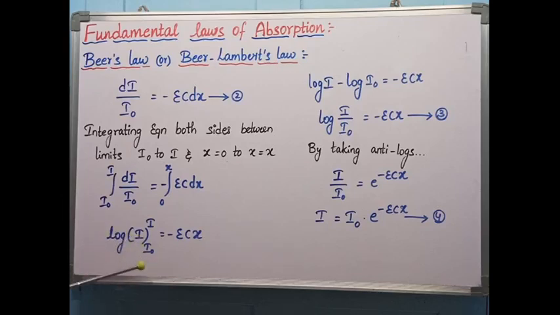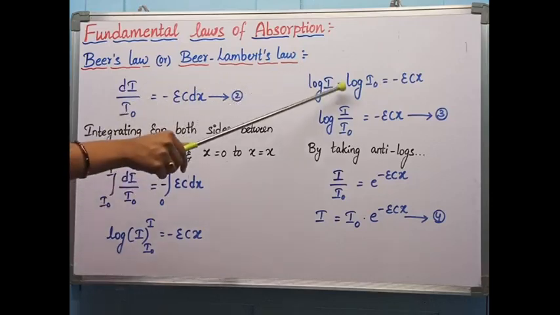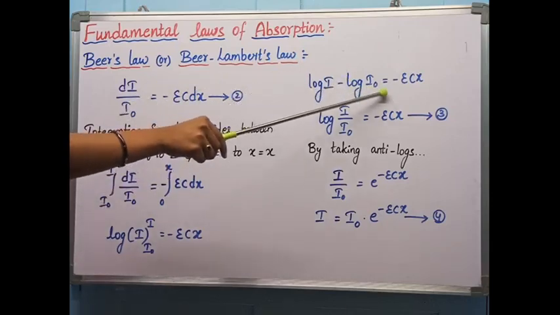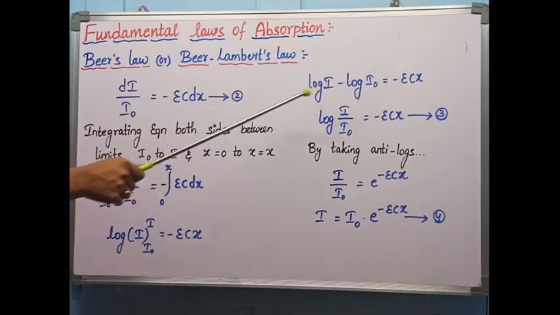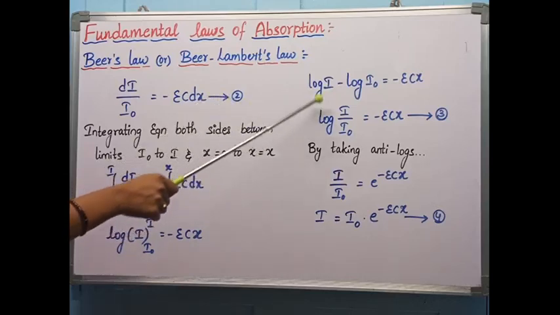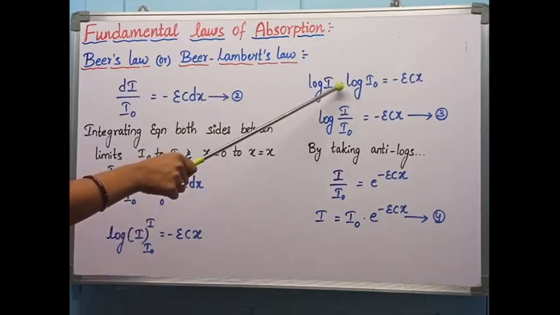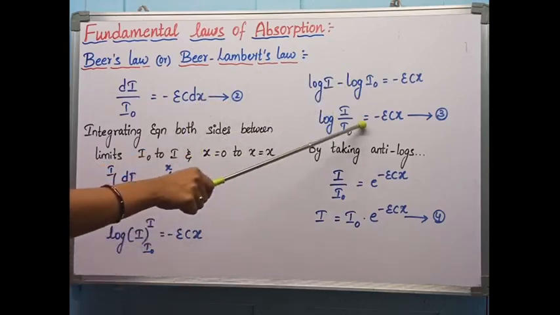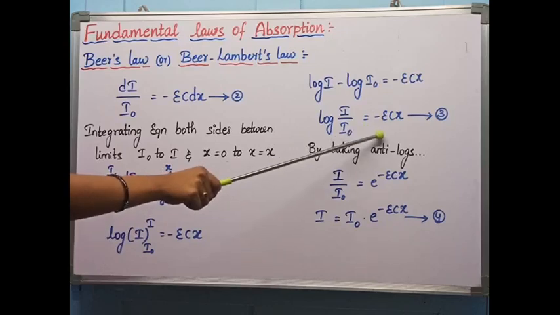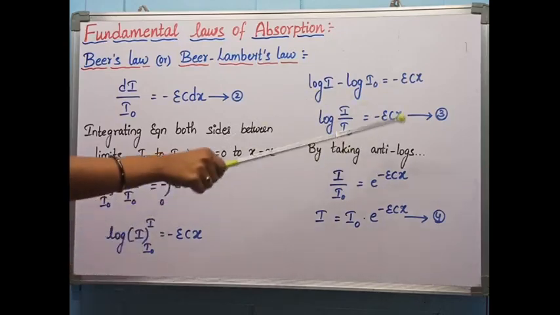So log I by I naught is equals to minus epsilon Cx. We know log m minus log n is nothing but log m by n. So log I minus log I naught is log I by I naught. So I'll get log I by I naught is equals to minus epsilon Cx. So I got equation 3.